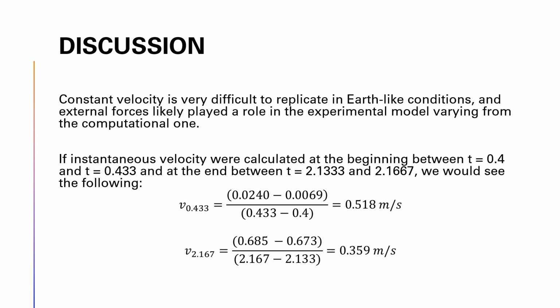And I found that between the first two time points, the velocity was 0.518 meters per second. And between the last two, it was 0.359 meters per second. So my suspicion was proven correct, and velocity was decreasing, which is not going to happen if we have no net forces, so that shows that the experimental model did not, in fact, reflect no net forces.